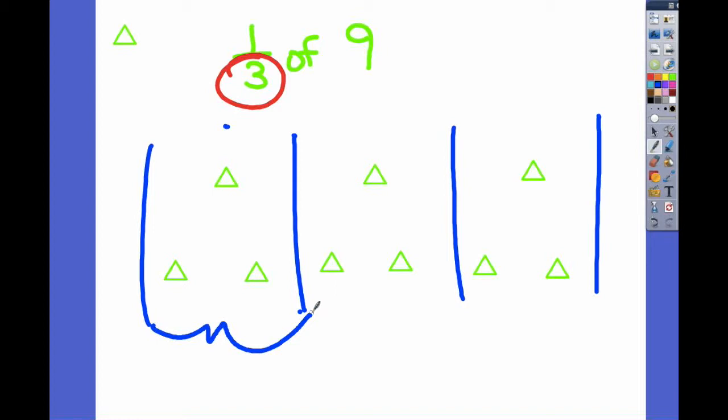This whole thing is 1 whole, but what's this one part? 1/3. This whole part right here is equal to 1/3. Well, how many triangles are in 1/3? How many triangles do I have in 1/3? 3. So what's 1/3 of 9?